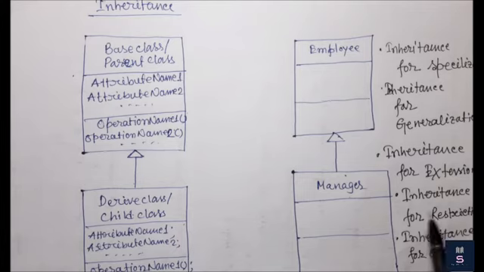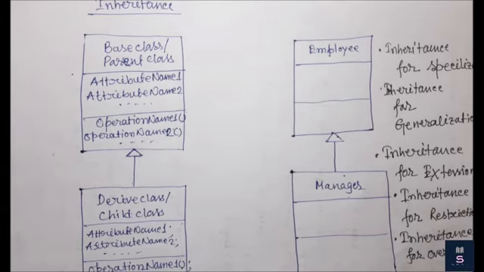And inheritance for overriding means we replace the implementation of a method that has been inherited.